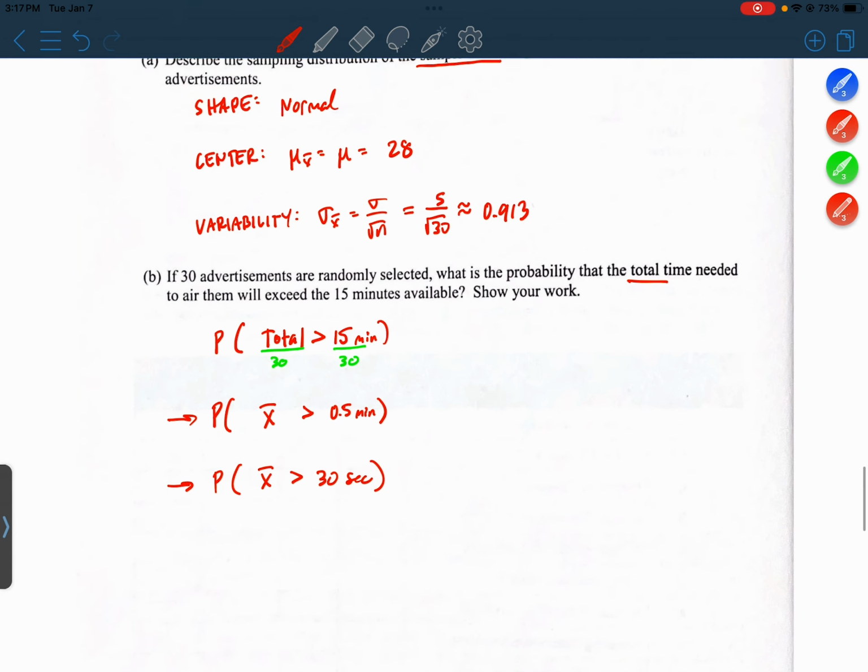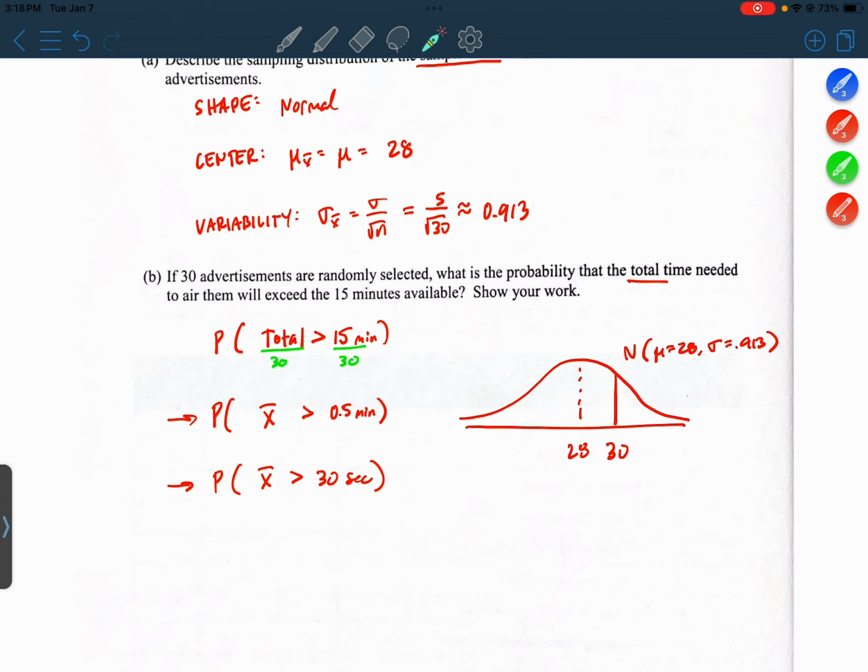Okay. Now, we'll take the information we have from part A and we'll draw a sketch. Start with the shape, which is approximately normal, label the curve, mean 28, standard deviation 0.913. Okay. All right, our boundary value is 30. That's going to be somewhere to the right.